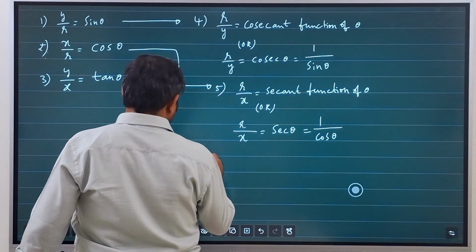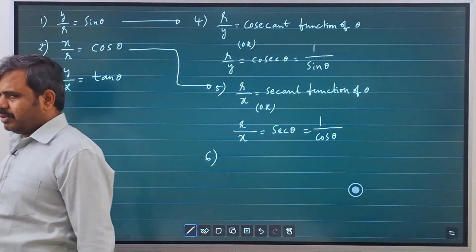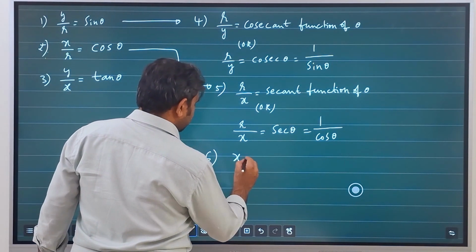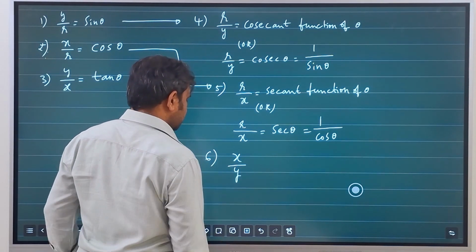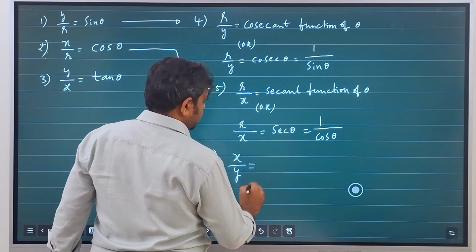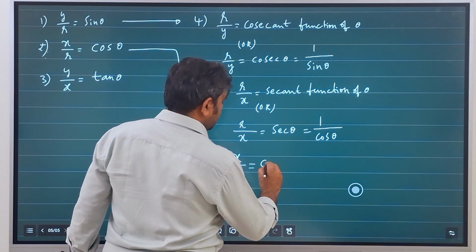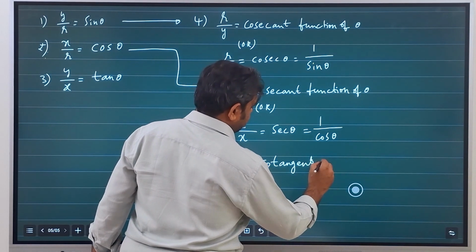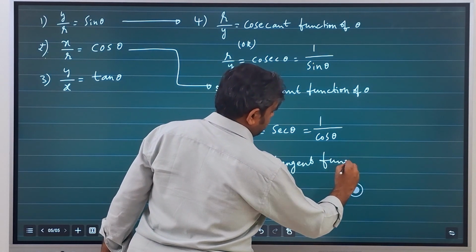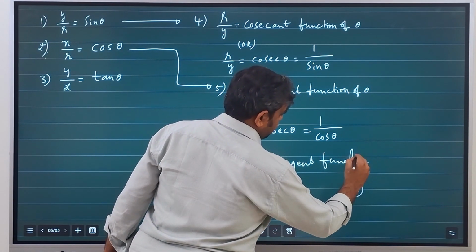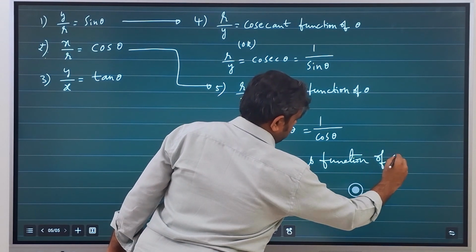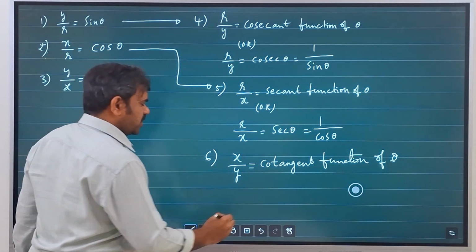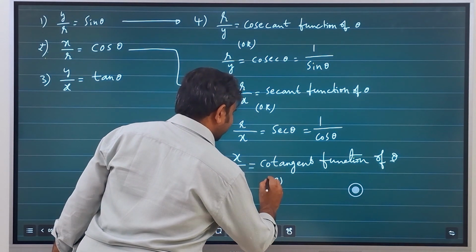Similarly, the sixth ratio is reciprocal of tan theta, that is adjacent side to opposite side ratio, is called cotangent function of theta. Cotangent function of theta, or in the short form we call it cot theta.